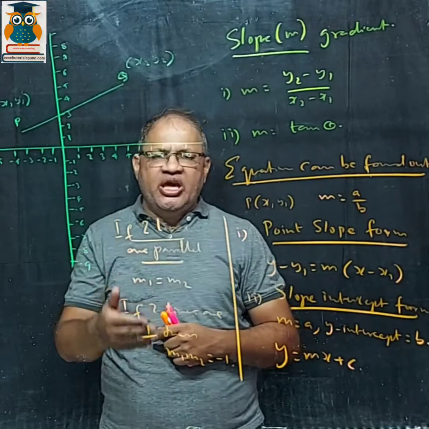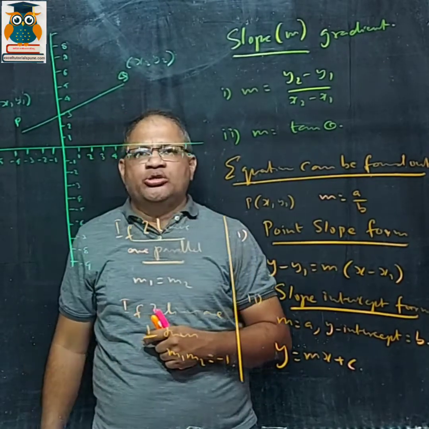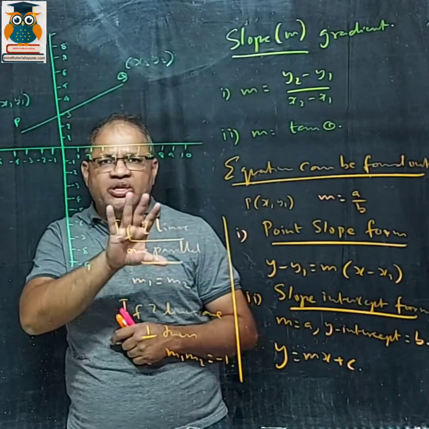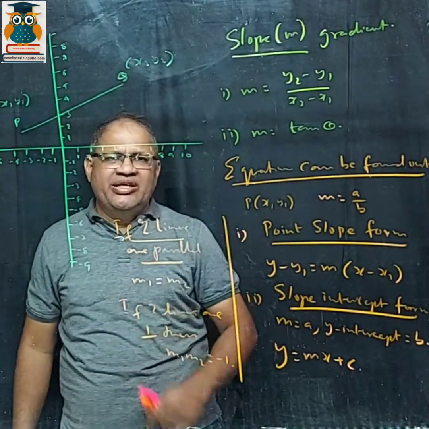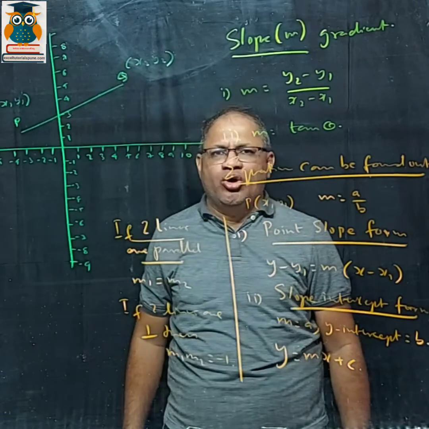Fortunately for you, this type of sums are cancelled from the boards, so we won't be doing sums on this, but this formula is very important for you to know for 11th and 12th standard, because this lesson is going to come for the 11th and 12th standard also.